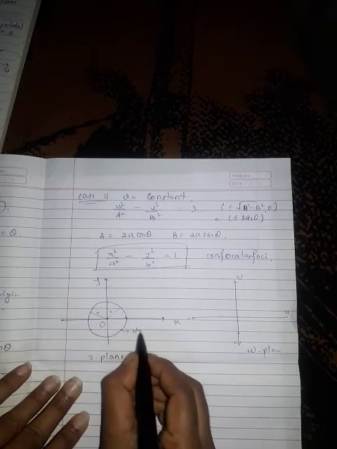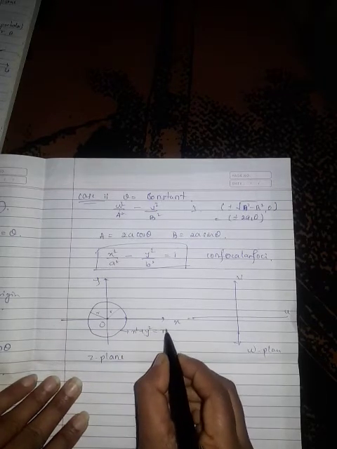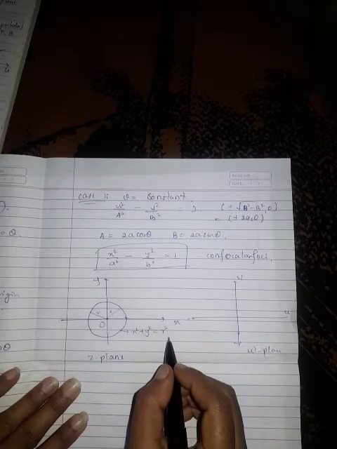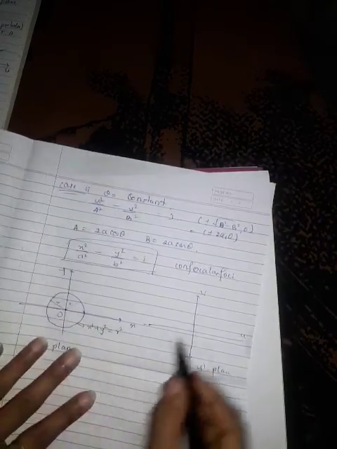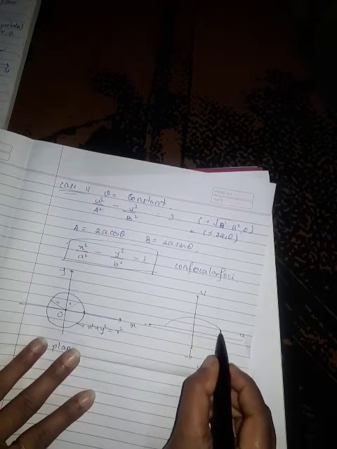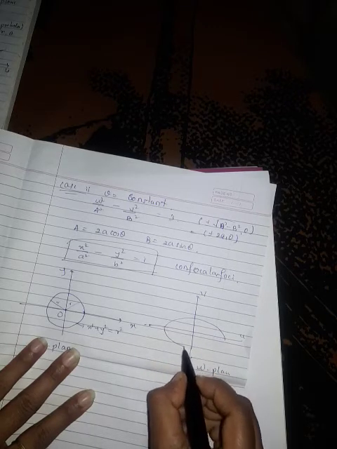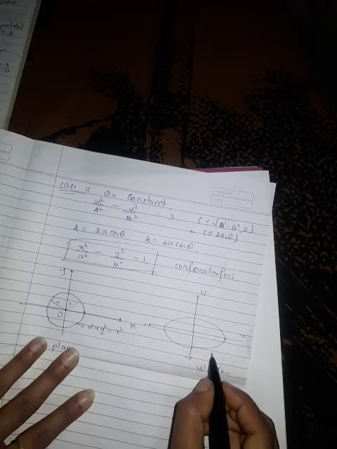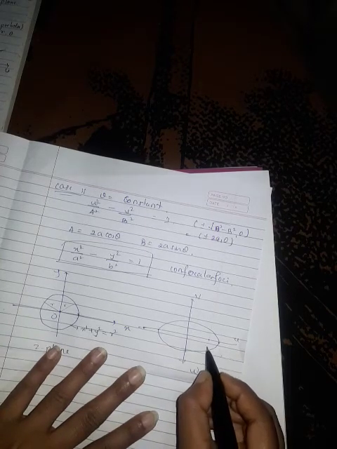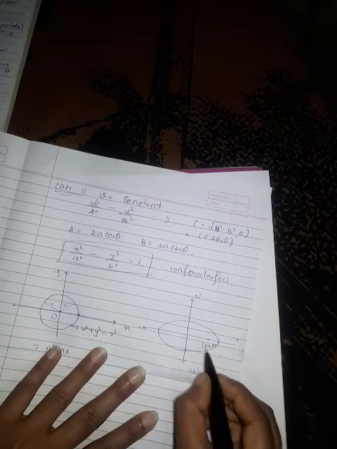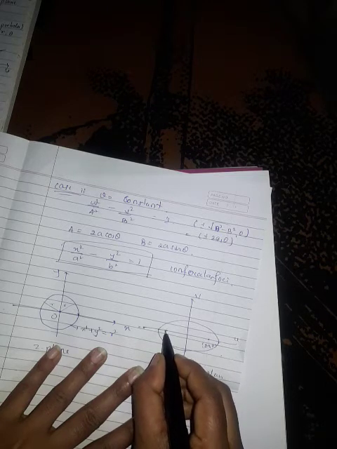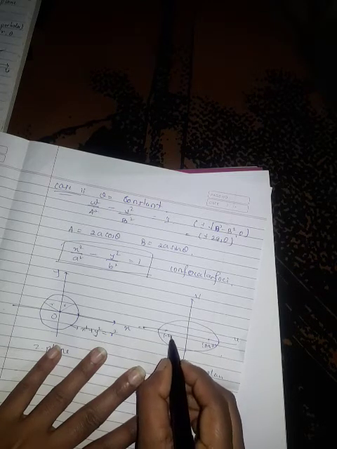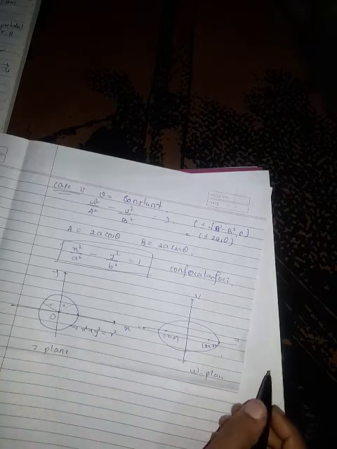So this is the equation of a circle with center origin and radius r when r is constant. So this maps to an ellipse in the w plane with foci plus or minus 2a. This is plus 2a comma 0.